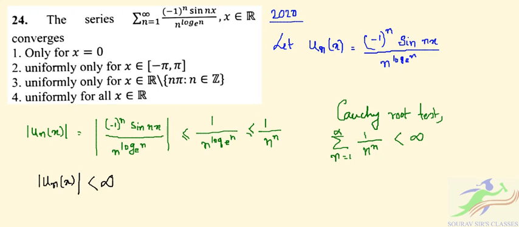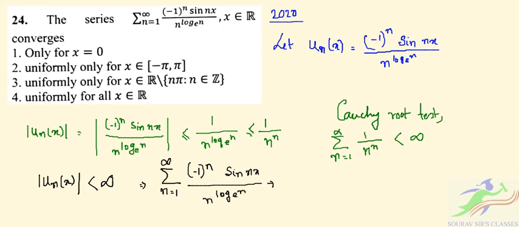Similarly, the summation from n equal to 1 to infinity of (-1)^n sin(nx) by n^(log_e n) converges, and it converges uniformly for all x belonging to the real space R. So in this case, our correct option will be 4, uniformly for all x belongs to R.